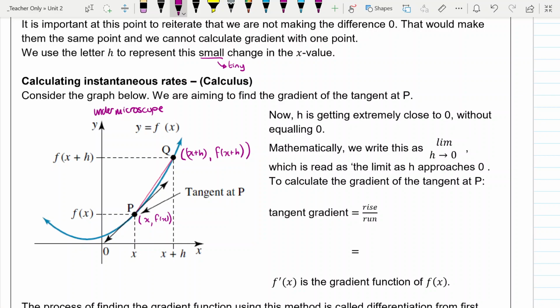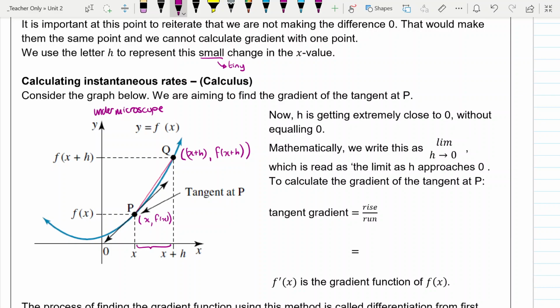Now if I make my chord short enough, hopefully the gradient of my tangent will be very similar to the gradient of my chord. So now h is getting extremely close to 0 without equaling 0. How we would write that is we would say the limit as h approaches 0. Now we're talking about h being this distance over here, the distance between x and x plus h.